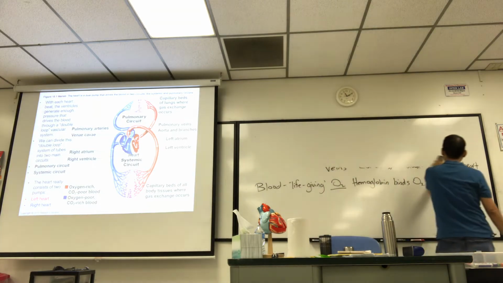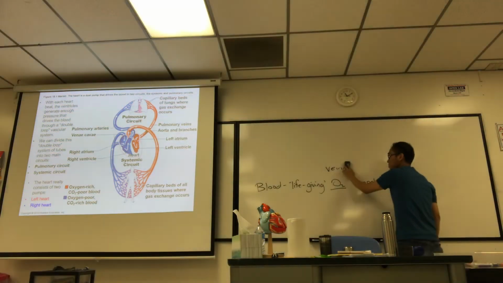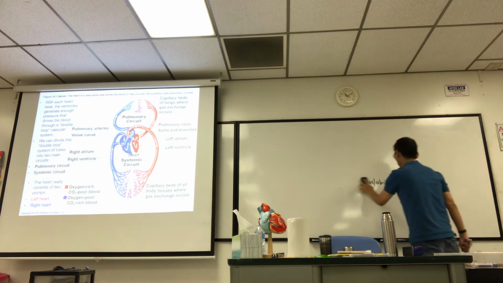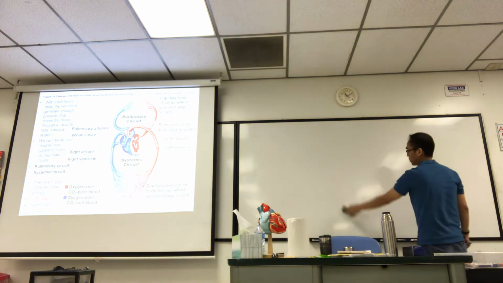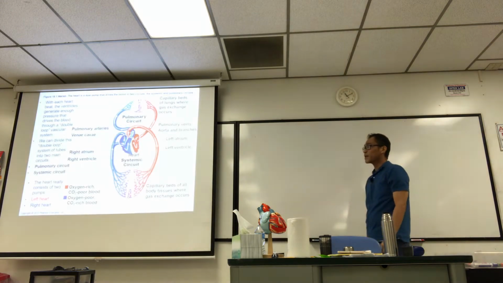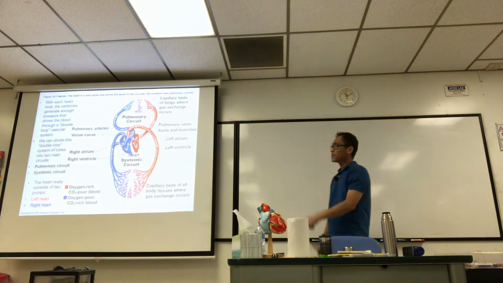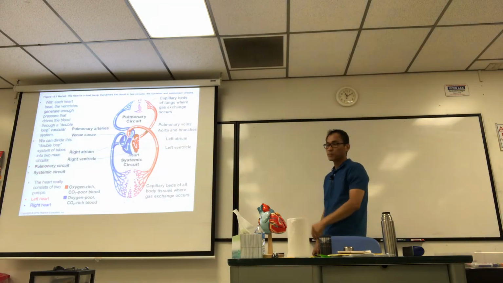So let's learn how blood circulates. What you learn from this picture is how blood circulates, but you also learn about the heart too, that the heart essentially has a right side and a left side. There's 4 chambers, but you can subdivide it into right and left. The right side is the blue side. It's always the patient's perspective. That symbolizes deoxygenated blood.